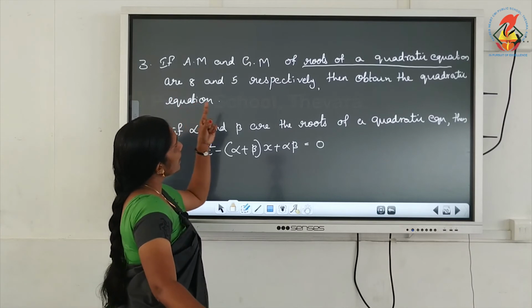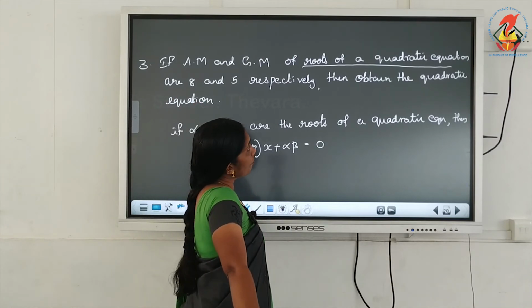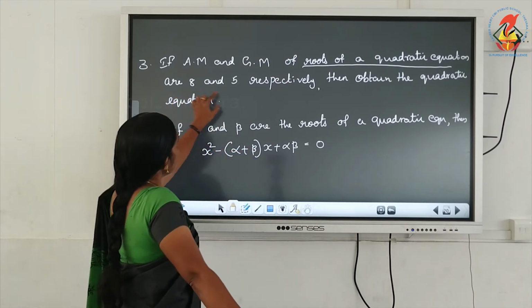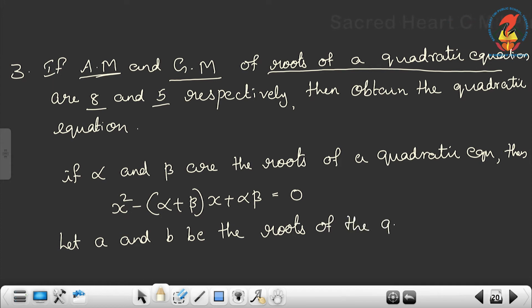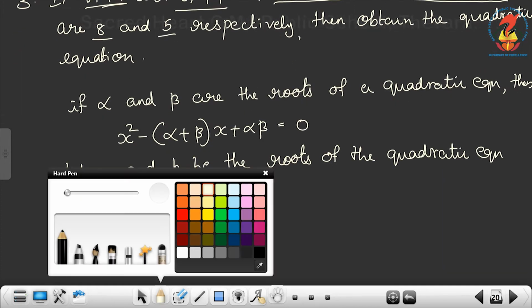Here AM and GM of roots of a quadratic equation are 8 and 5. So AM means 8, GM means 5. So let a and b be the roots of the quadratic equation. Then, so a and b two roots.